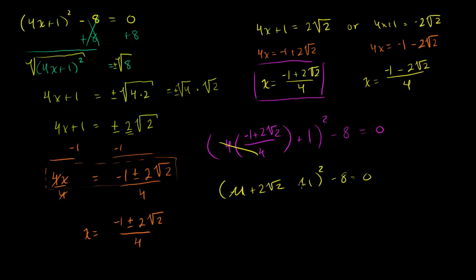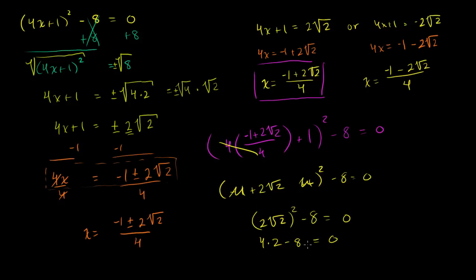This negative 1 and this positive 1 cancel out. So you're left with 2 roots of 2 squared minus 8 is equal to 0. And then what are you going to have here? When you square this, you get 4 times 2 minus 8 is equal to 0, which is true.